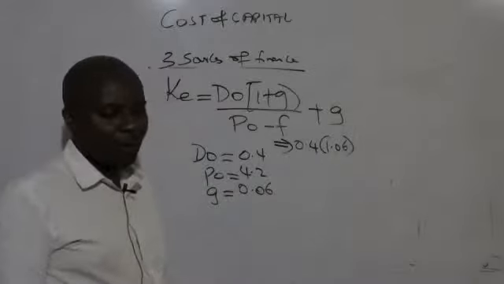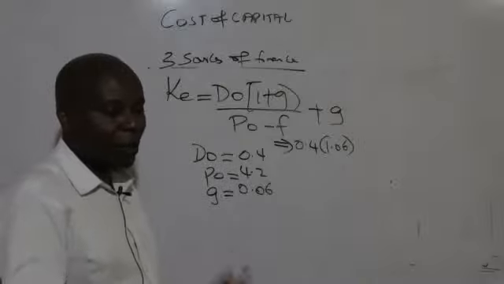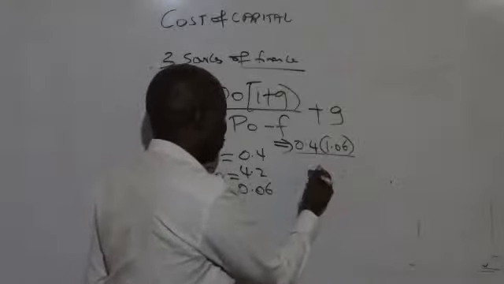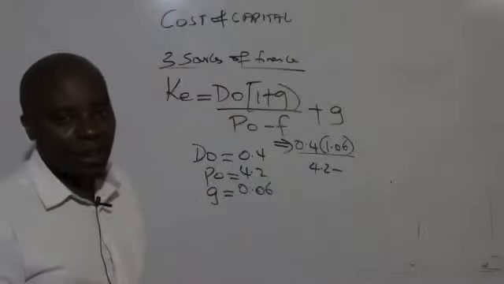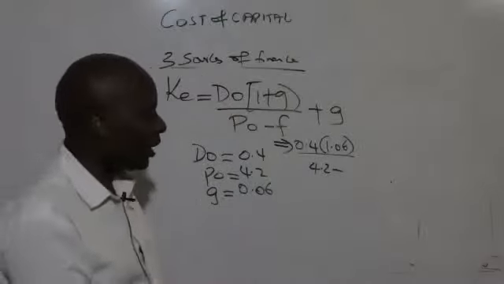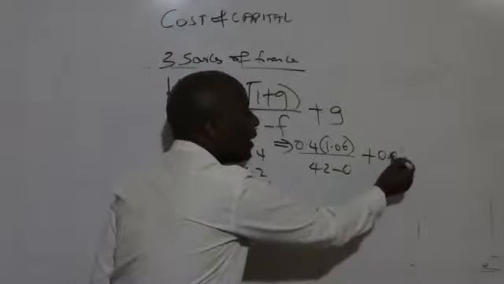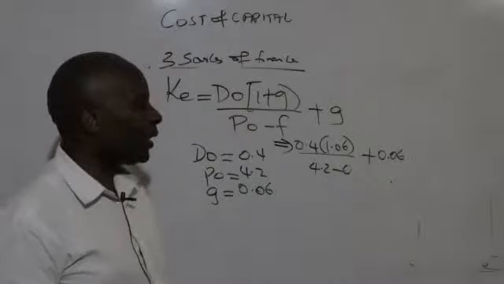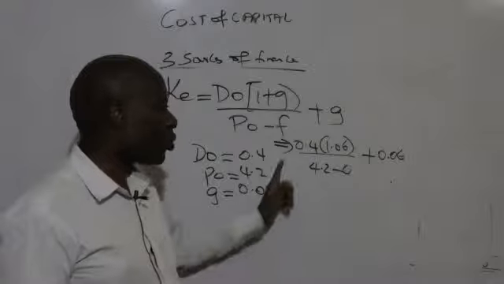Where did 1.06 come from? It is 1 plus the growth rate, 1 plus 0.06, all over P0 which is 4.2. We don't need any money to float our shares, nothing for marketing our shares, so the flotation cost there is 0, plus the growth rate, which is 0.06.